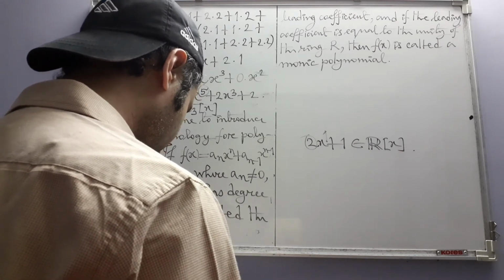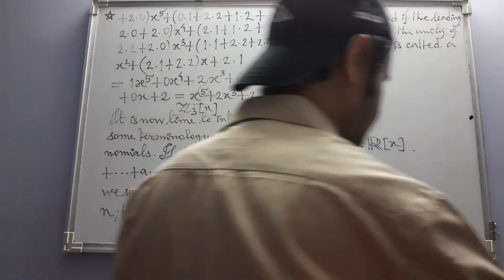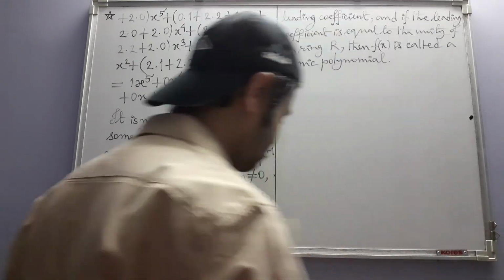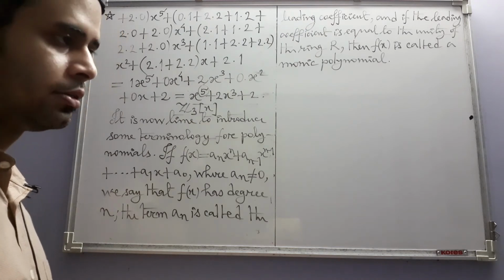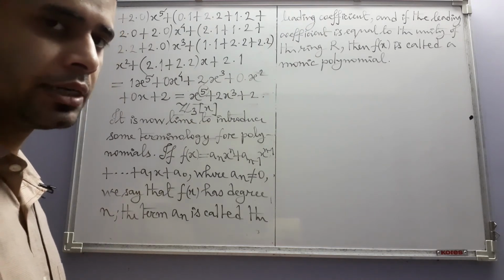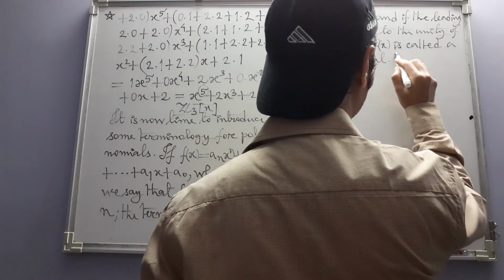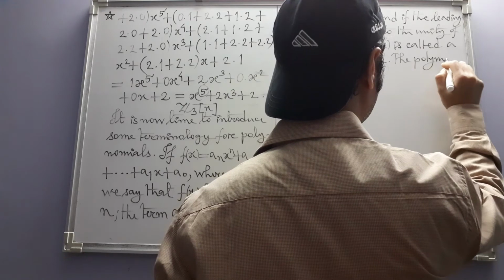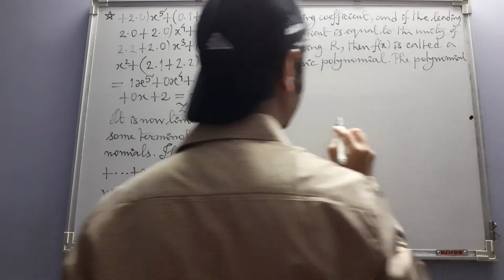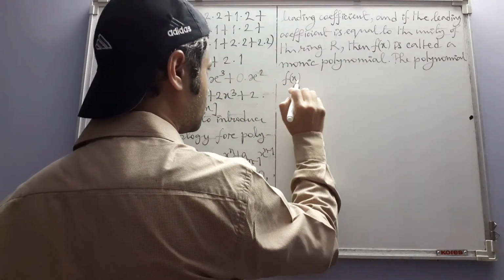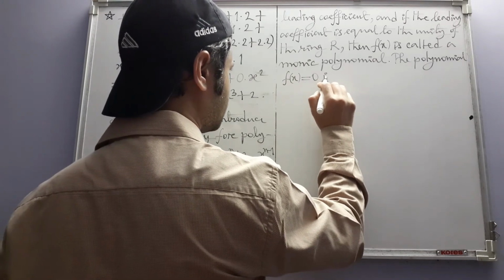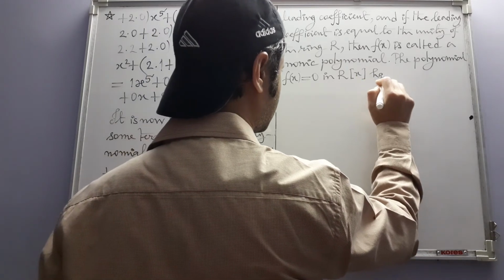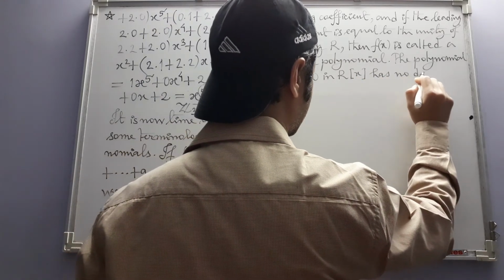What else is there? Okay, the zero polynomial where all the coefficients are zero has no degree. For the zero polynomial, we don't define any degree. fx equal to 0 in Rx has no degree.